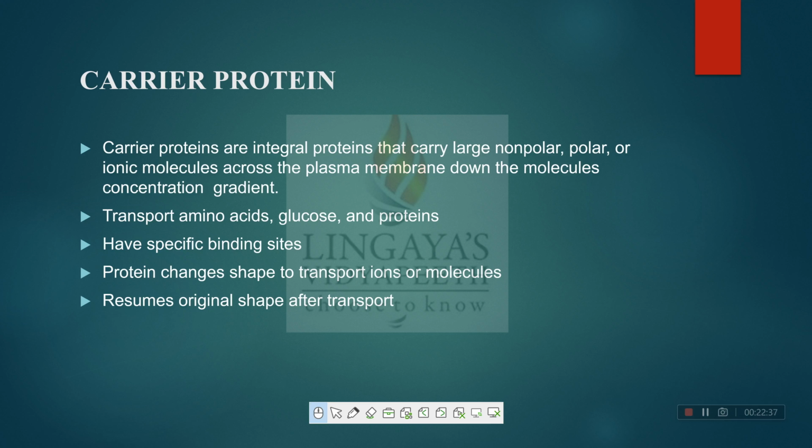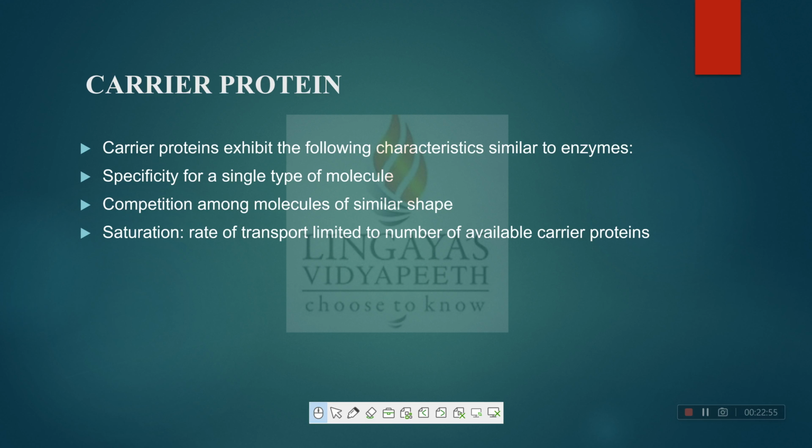Due to the presence of specific binding sites, the protein changes shape to transport ions or molecules, and after the transport has occurred, it comes back to its original shape.